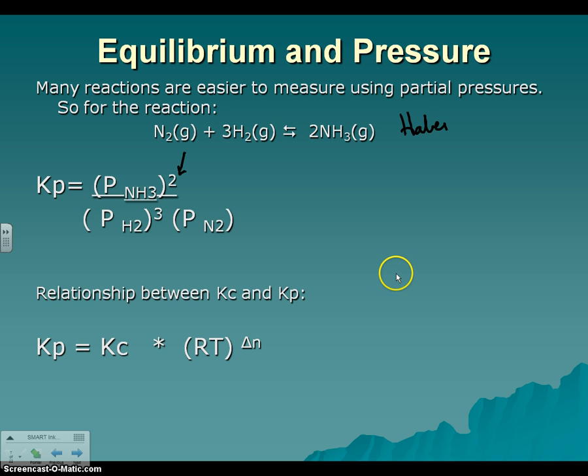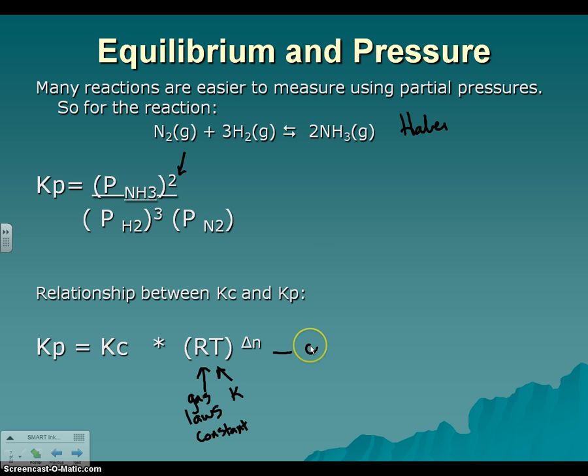If you have a Kc expression, you can figure out your Kp value by using our gas law constant. So here's this little relationship between Kc and Kp. If you have your Kc value and you multiply it by your gas law constant, R, which you should remember from previous units, and you multiply that by T, your temperature, and temperature, just like with gas laws, is going to be in Kelvin, and you raise that to the power of delta n.